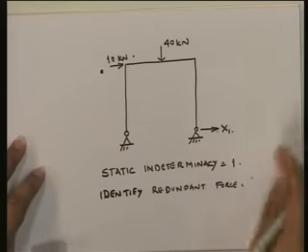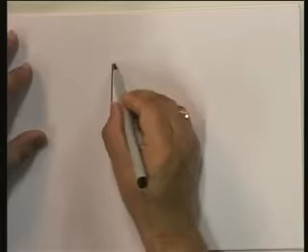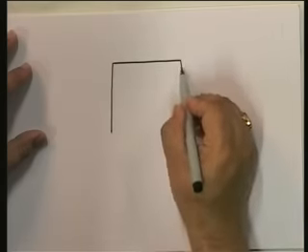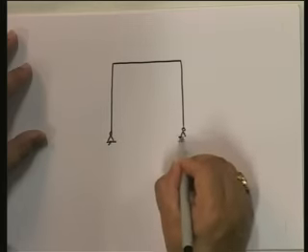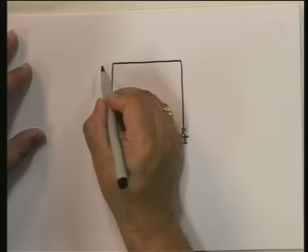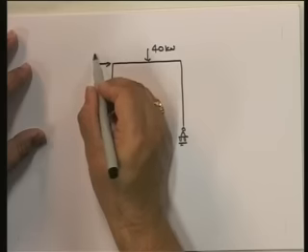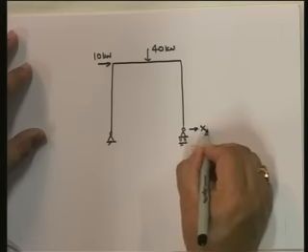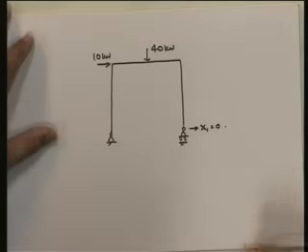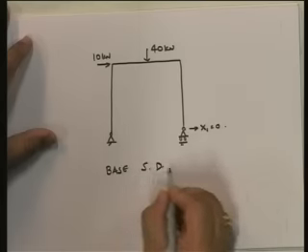So as soon as I put that equal to 0, what is the structure that I get? This is my base structure, my base statically determinate structure.